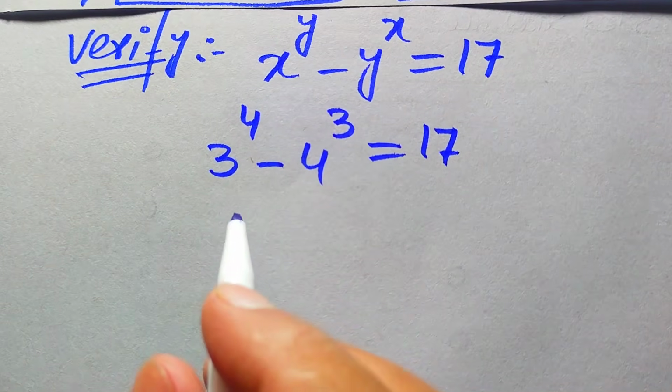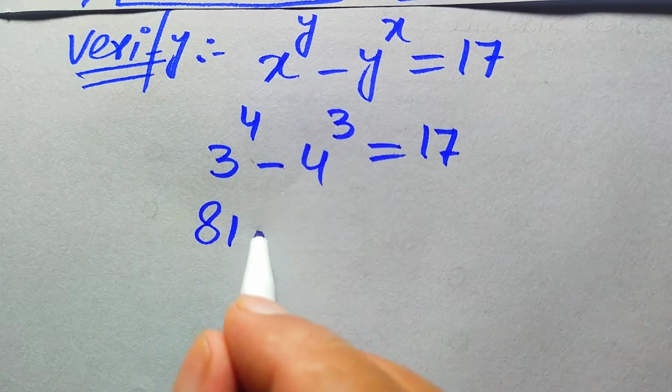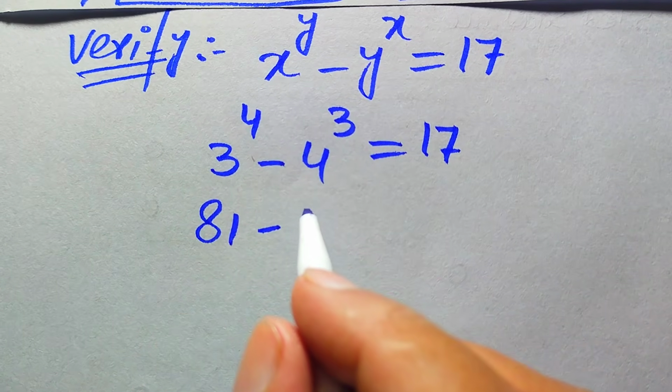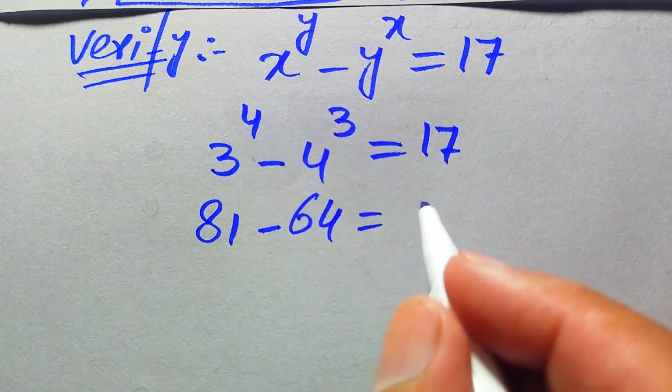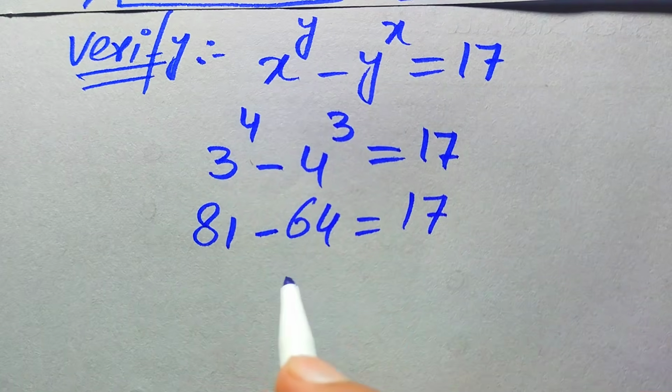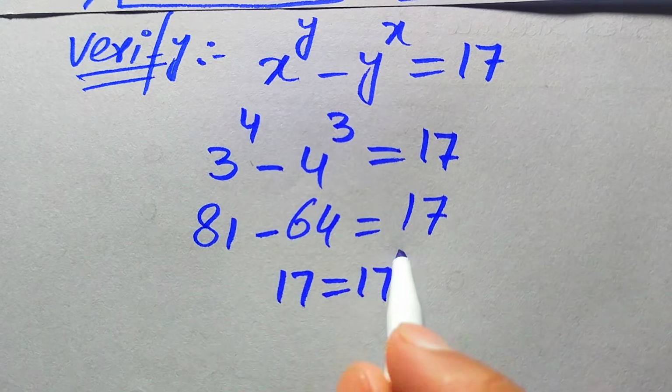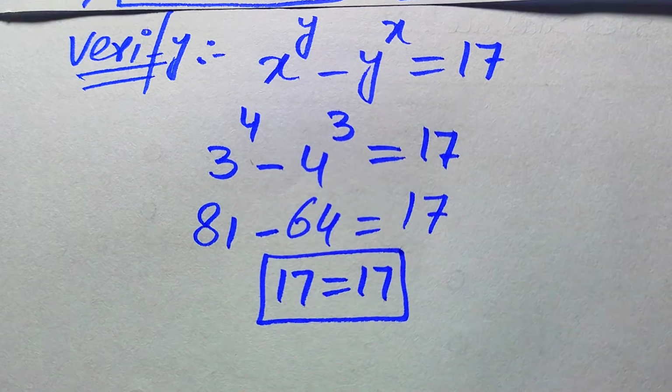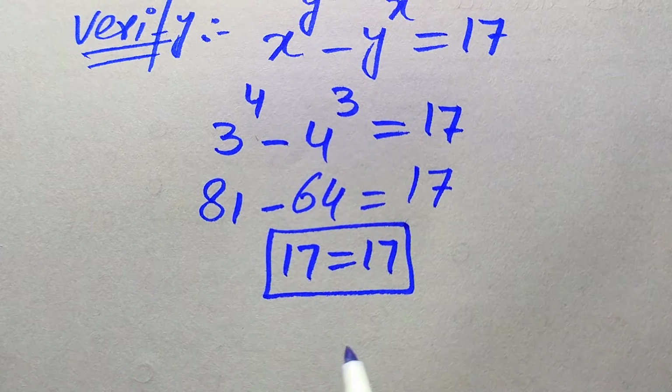And you know that 3 to the power of 4 becomes 81, and 4 to the power of 3 becomes 64 is equal to 17, and we easily get here 17 is equal to 17. This shows that both of the sides are equal. Now this means that the values of x and y satisfy our given question statement, and this is our final answer.